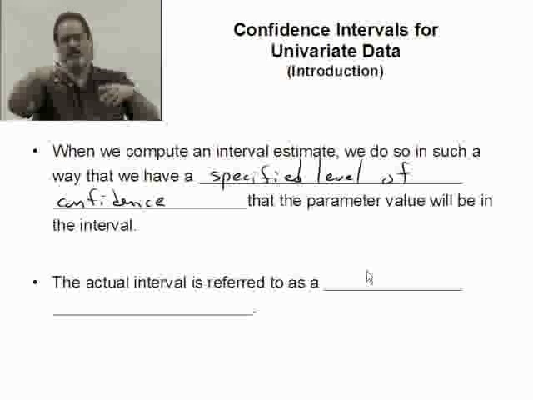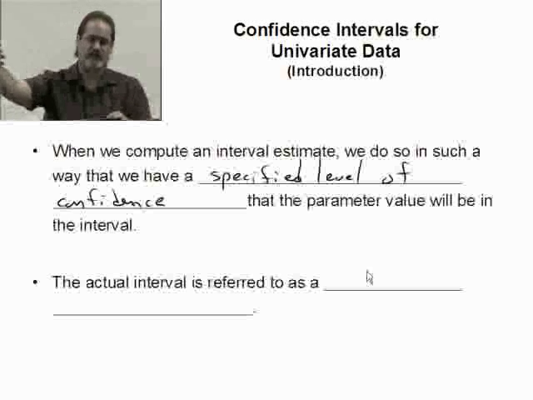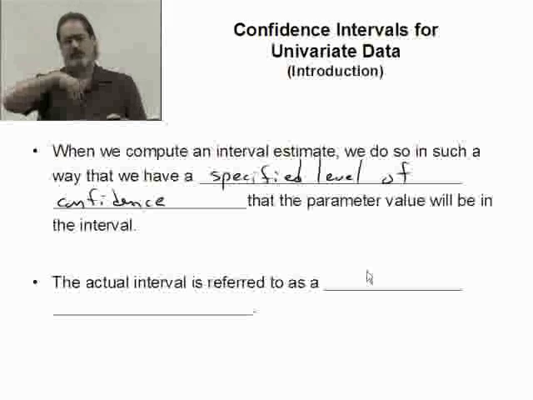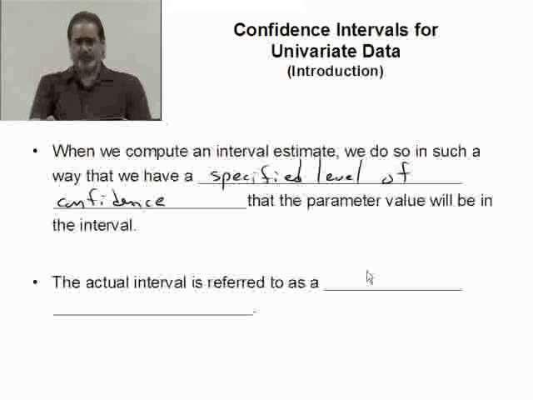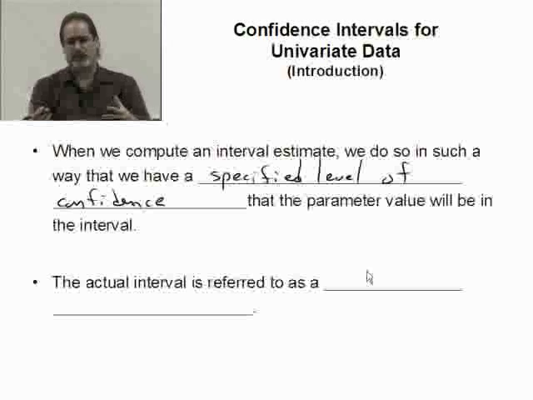If I said we had a sample and 54% said they're going to vote for that candidate, and I said, well, 54% plus or minus 2%, that sounds pretty good. It's 52% to 56%. There's my interval. But without attaching to it the idea of how confident I am that the true proportion is actually in there, that plus or minus 2% doesn't do any good.